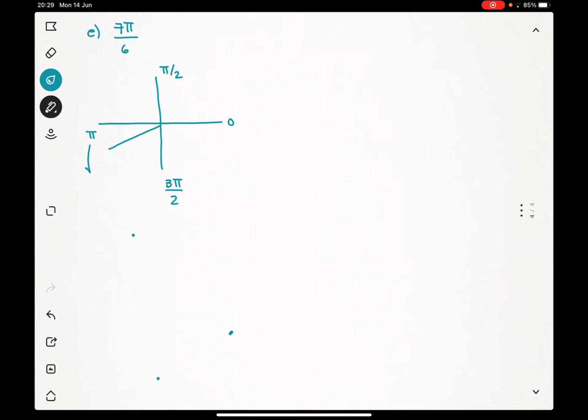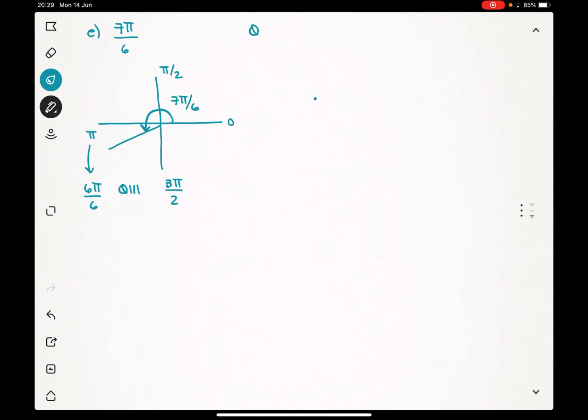Because remember that pi would be 6 pi over 6, and 7 pi over 6 is just a little bit more, right? So 7 pi over 6 comes all the way over here. It's in quadrant 3.